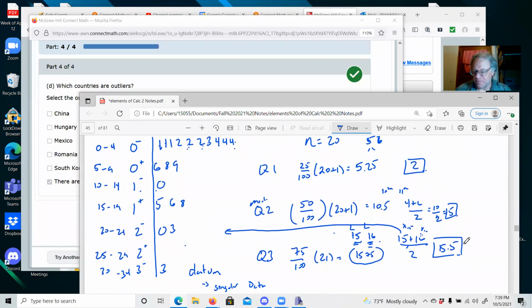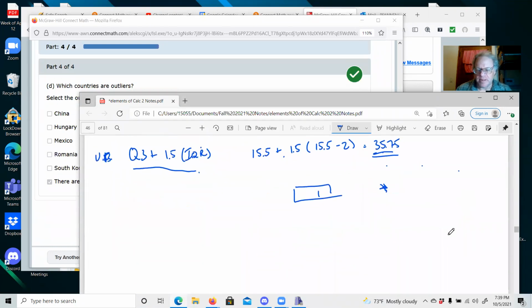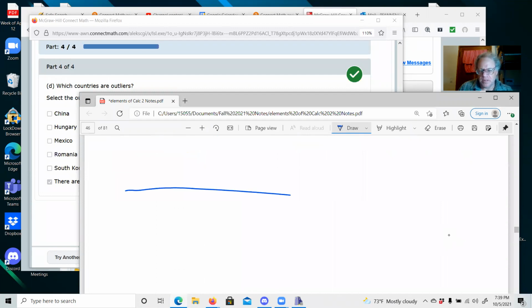We're going from 2 to 15.5. All right, so let's go ahead and do it. There's my line, number of nuclear power plants.